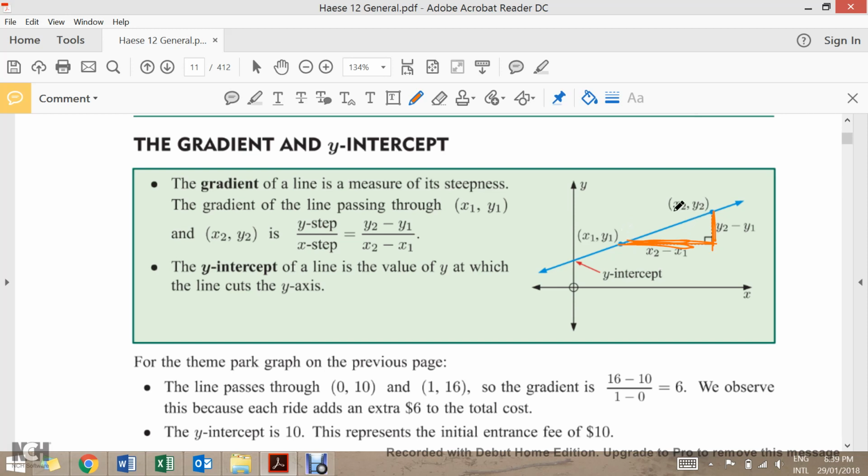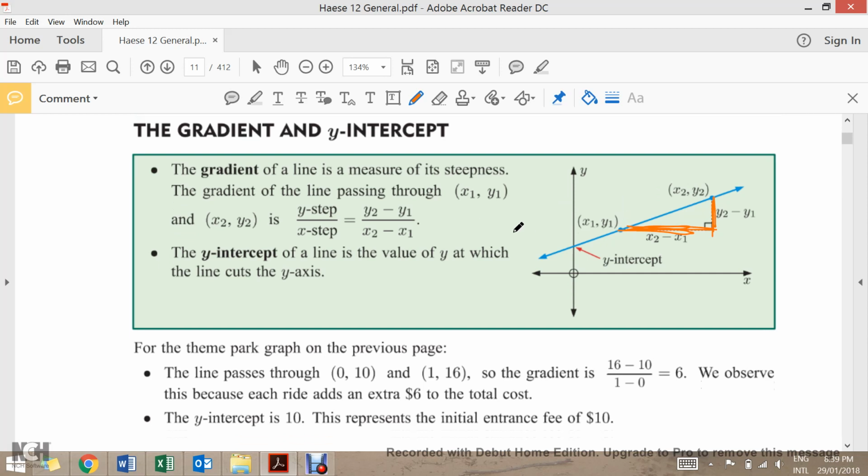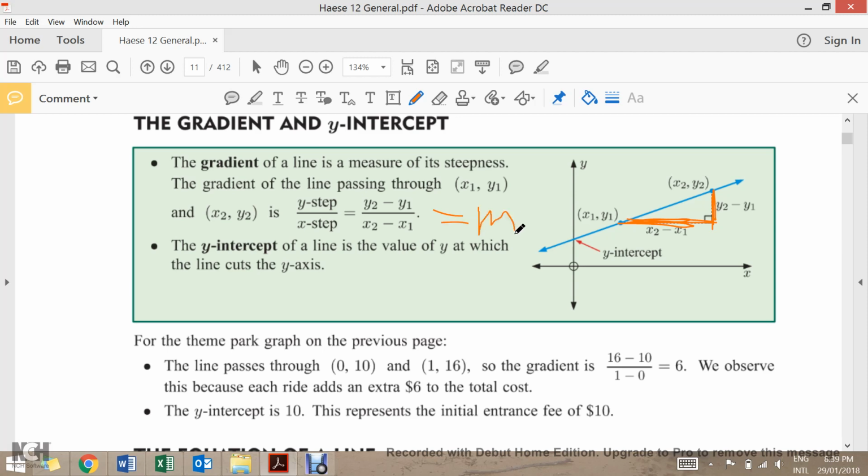If we've got 2 points, (x1, y1) and (x2, y2), the slope of the line that connects those 2 points will be the y value of the second point, take away the y value of the first one, we call that the y step, divided by the x value of the second point, take away the x value of the first point, the x step. That there is also referred to as m.